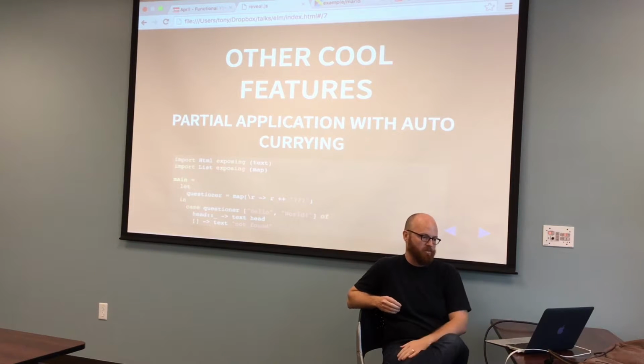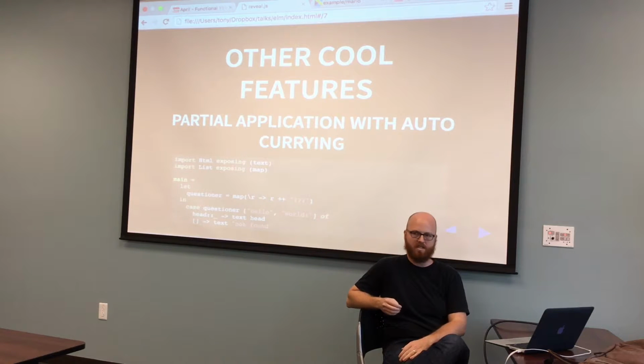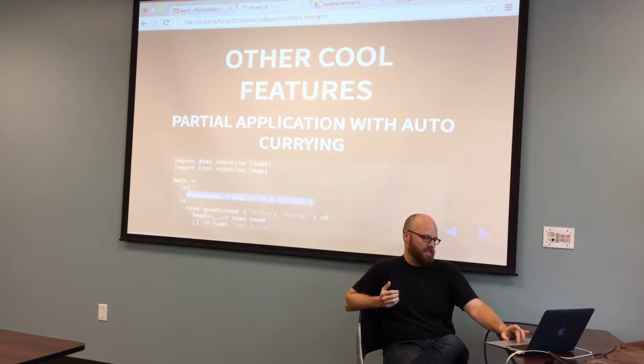So, cool: partial application with auto-currying on everything that exists, which is awesome. You just get that by default. Aaron talked about that last time. Basically, it's data-last operators on everything. In this particular example, this is how you assign something. You've got to do it within a let context, and then you say where that gets applied to.